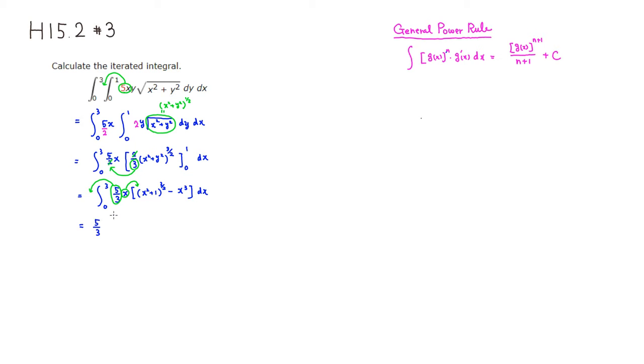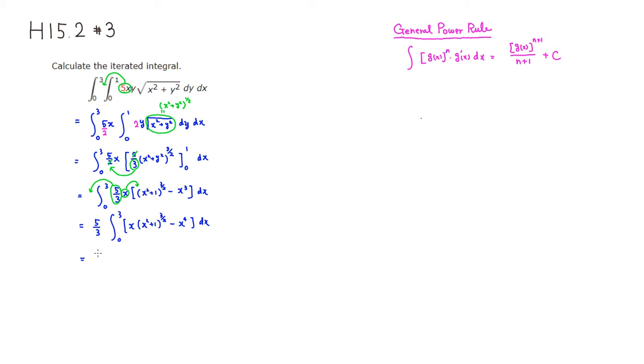Then we just have to integrate from 0 to 3. So you have x times x squared plus 1 to the 3/2 power, and a minus x to the 4th power, dx.